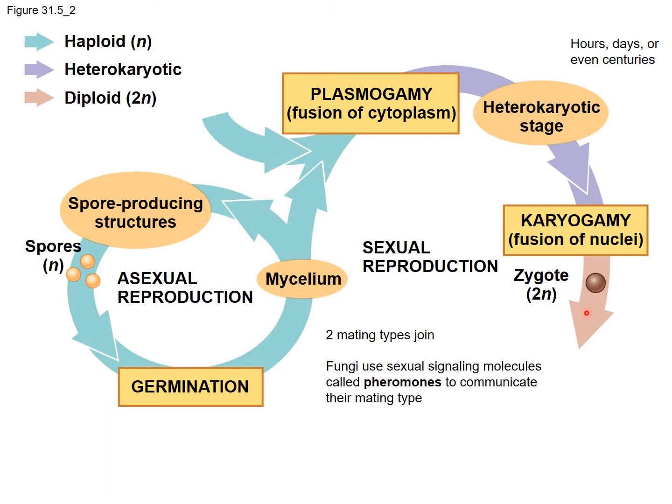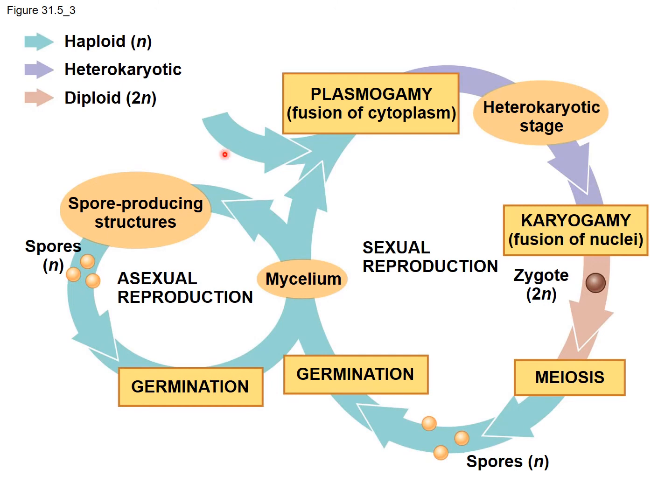Now, here I mentioned that the two mating types are going to fuse together. They're basically going to release pheromones or chemical signals which attract one another by sexual means. Continuing through this, meiosis is the process which creates the spores, which are going to be haploid.